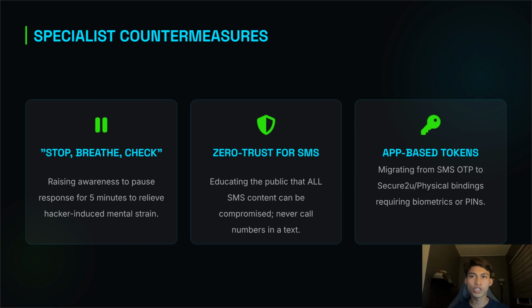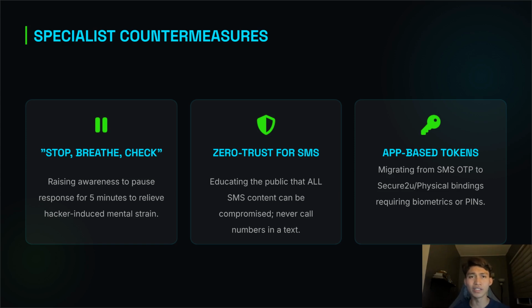Social engineering relies heavily on cognitive overload and forced speed. Simply taking a mandatory 5-minute pause breaks the psychological scam trend and relieves the artificial mental strain manufactured by the hacker.